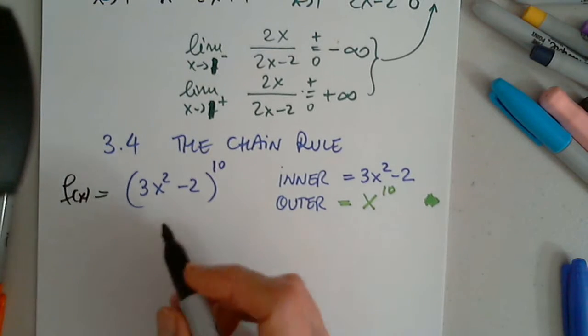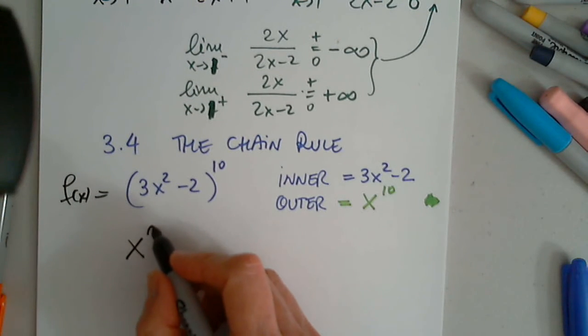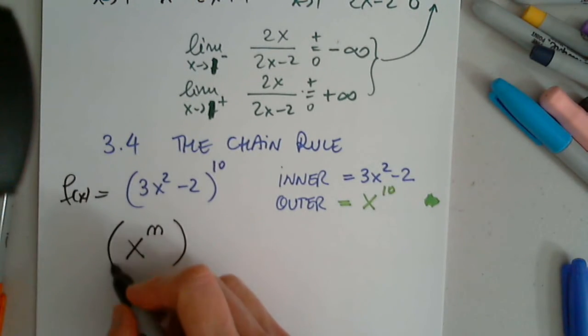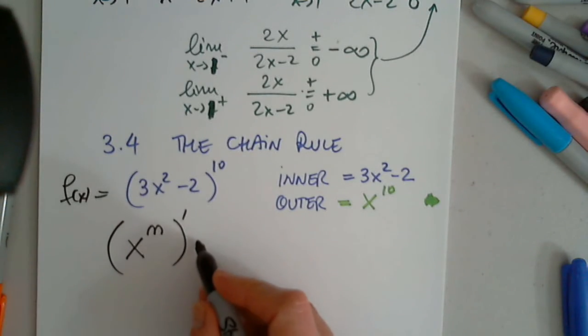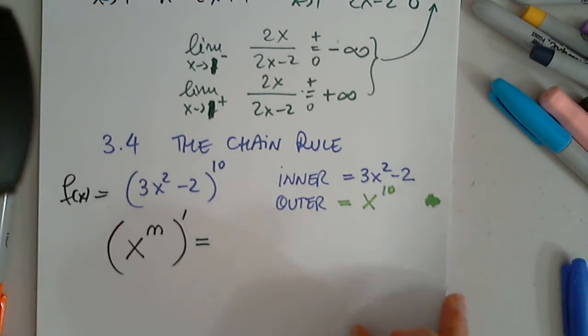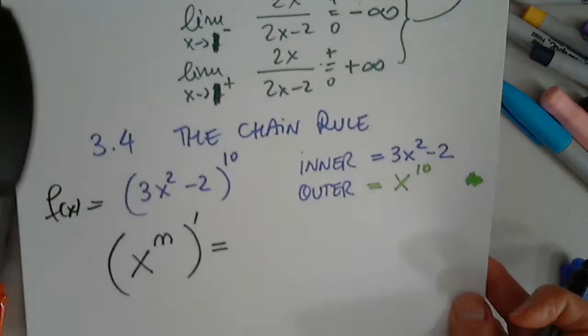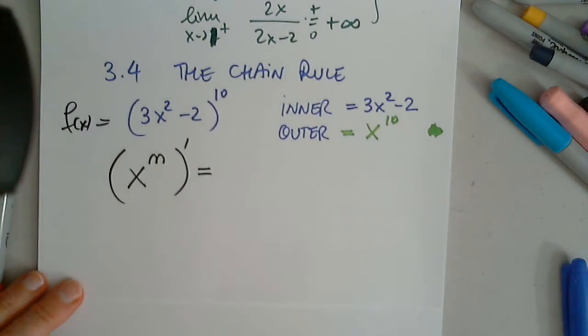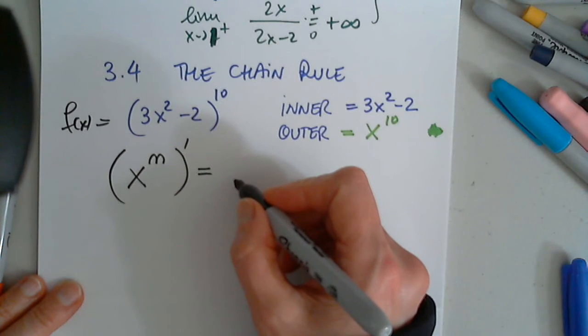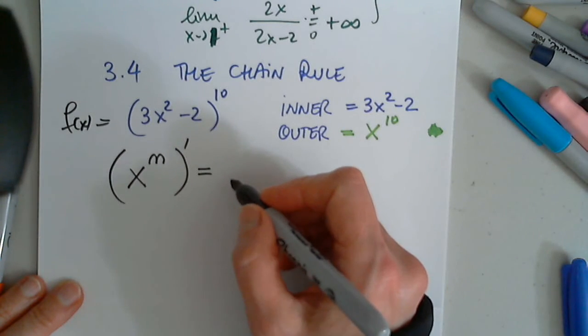So remember when we talked about the power rule, we said if we want to differentiate x to the nth power, what was the answer? Derek, will you help? What is the answer for x to the n prime?